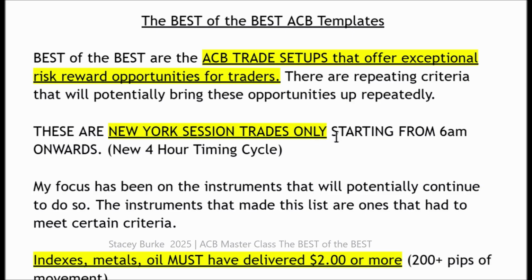Now, with currencies and the other instruments, we've gone back and covered the 4-hour timing cycle at the extremes. So I'll encourage you to go back and revisit that so that you understand the rotation of time when we are either in a new trend, an explosive coil for a trend continuation, or a reversal opportunity.